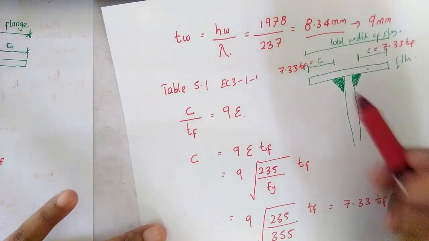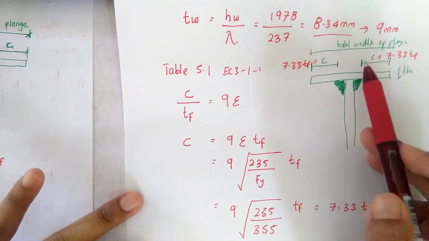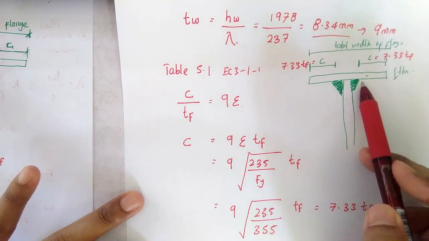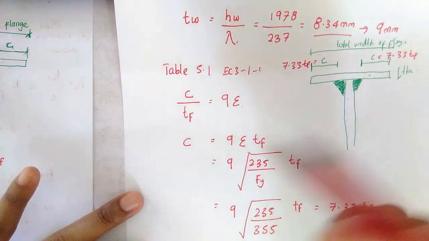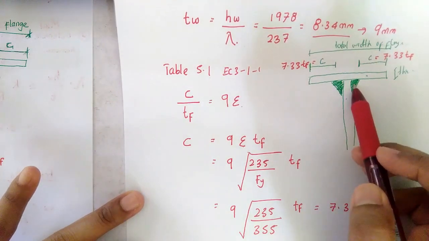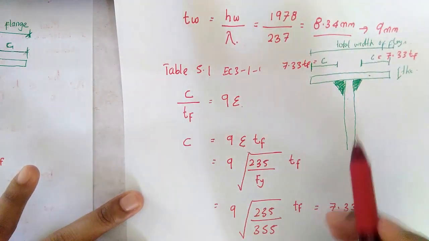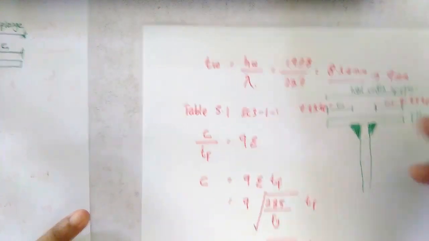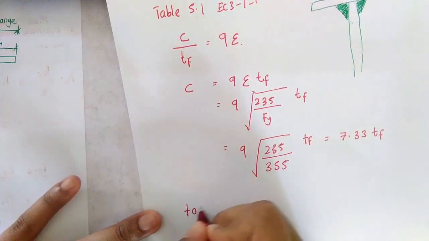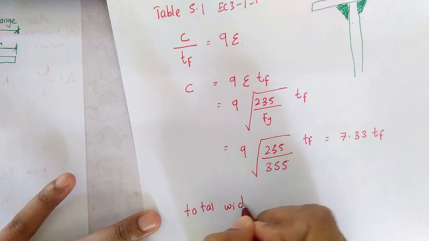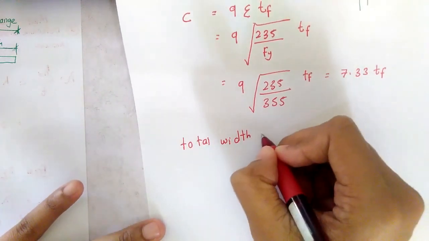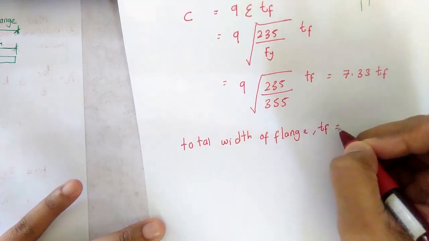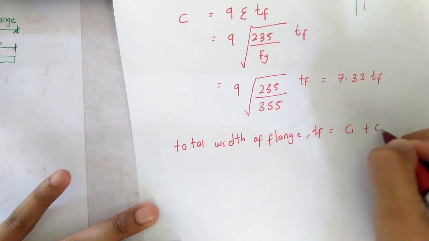For you to get the total width of the flange, we now ignore the effects of the thickness of the web and also the welded sections, because we are designing, so we assume we ignore this by just considering that the total width is C1 plus C2. So the total width of the flange is now given by C1 plus C2.